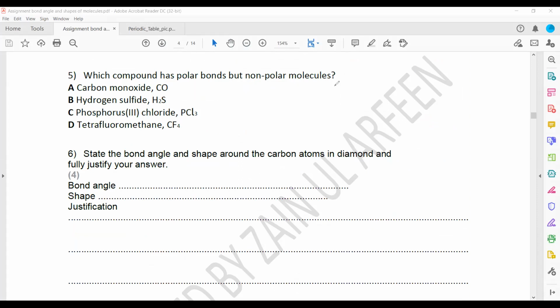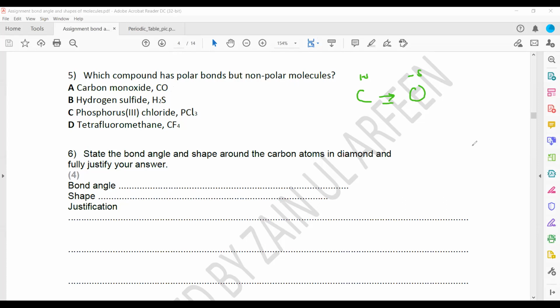When we draw carbon monoxide, oxygen is more electronegative. So as oxygen is more electronegative, then the electron pair is shifted, so bonds are polar and the overall molecule will be polar.